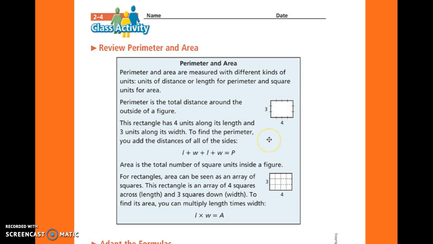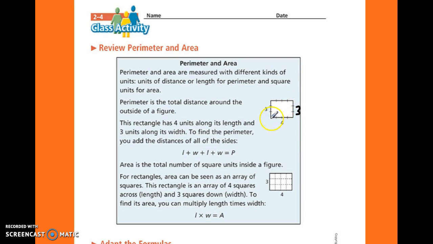This rectangle has 4 units along its length and 3 units along its width. To find the perimeter, you add the distance of all the sides. So we have 3 here, and since we know that this is congruent, we know that this is also 3.